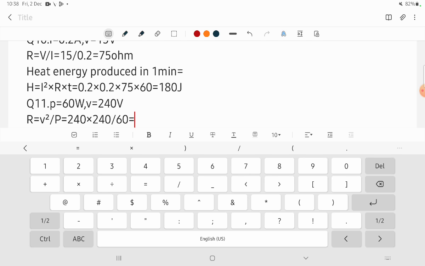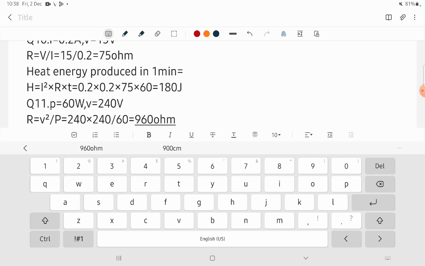So my answer will be 960 ohm resistance. Okay. So if two such lamps are connected in series across a 240 volt main supply, explain why each one appears less bright.